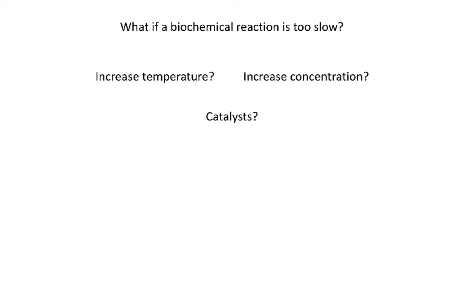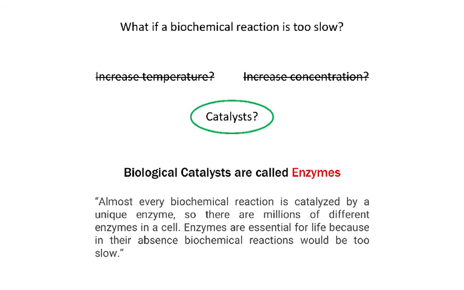Increase temperature, increase the concentration, or add catalysts. Well, if this is something occurring inside the body, increasing the temperature is not really an option. And we often do not have control over the concentration of species inside. And so the catalyst would be the way to go.